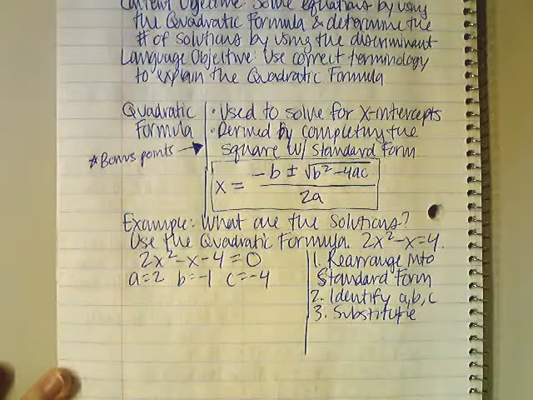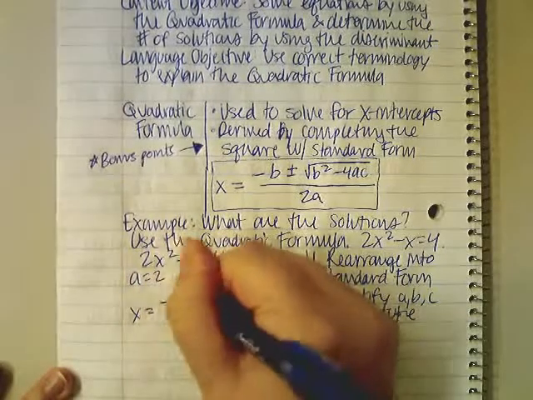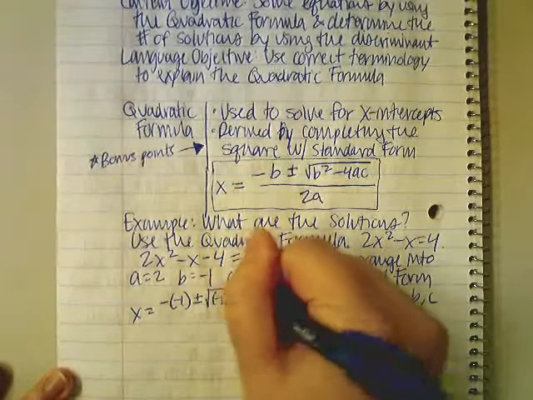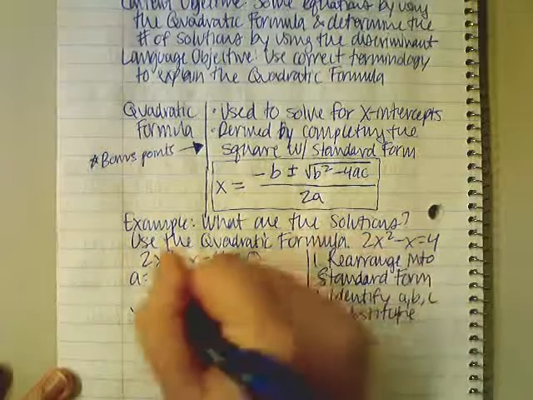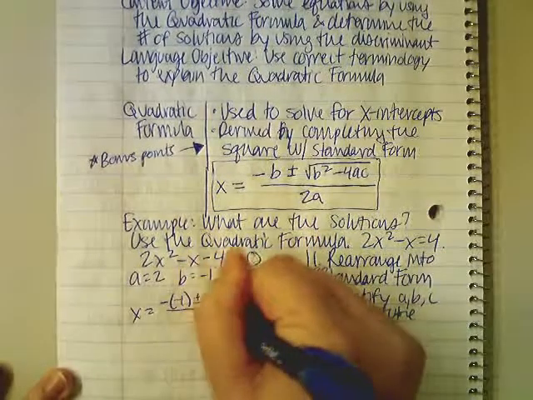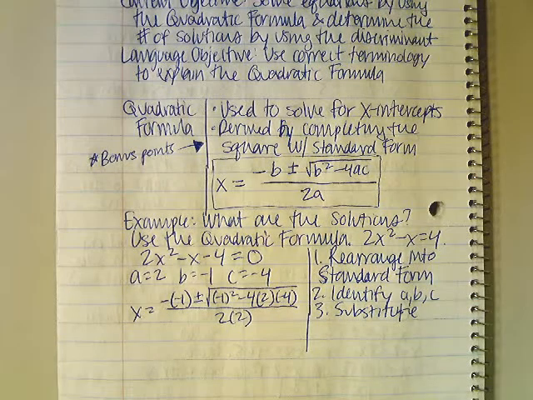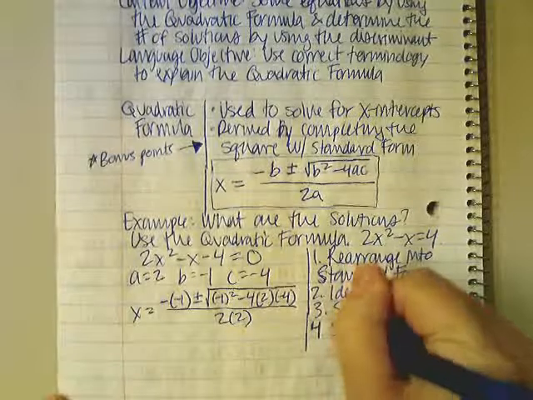So when I substitute that into quadratic formula, I get x is equal to -1 plus or minus the square root of -1 squared minus 4 times 2 times -4 all over 2 times 2. So that might look pretty messy, but most of this is just multiplying and evaluating exponents. So my next step is going to be to simplify.